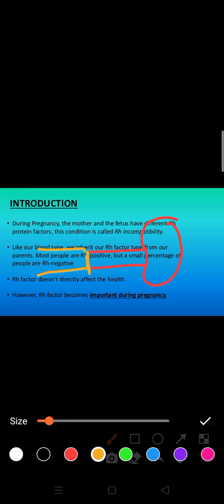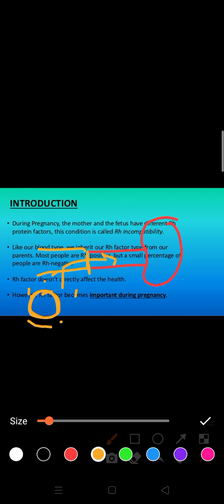Now in the second case, the mother already has antibodies, and these antibodies directly enter inside the baby. Why am I telling you this, children?